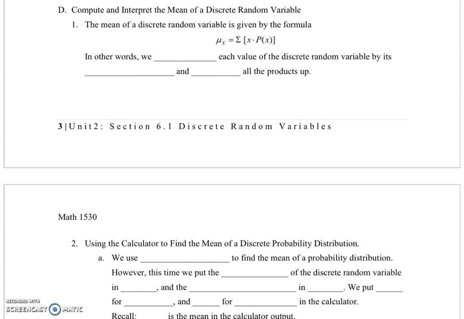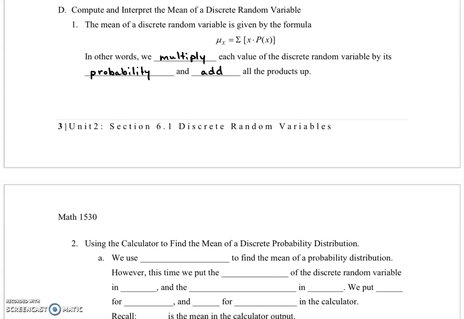And what this formula says is that we multiply each value of the discrete random variable by its probability, and then we add all of those products up. So that's how we would do it by hand.